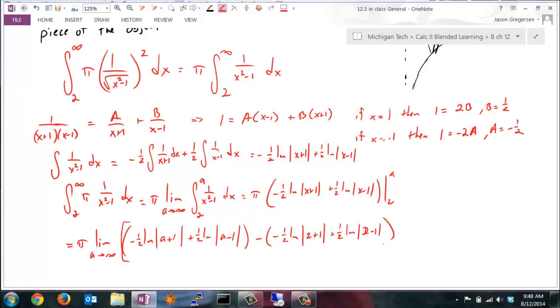And you have to be careful here because, as a goes to infinity, what does this thing look like it does? Looks like it blows up. And this one goes to infinity. This kind of looks like it blows up too. I have a negative and a plus. And it's real tempting to say negative infinity plus infinity, that's going to cancel. We've looked at that before we did improper integrals, and we said, okay, if one blows up, that's it.